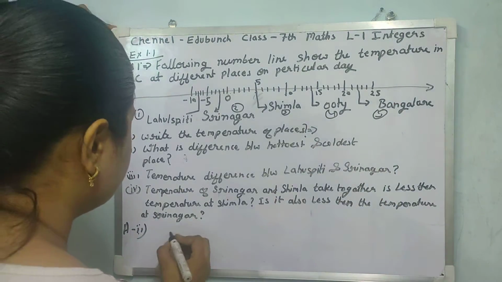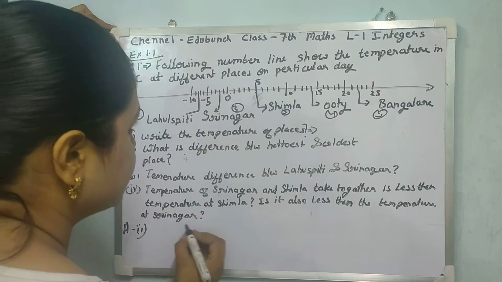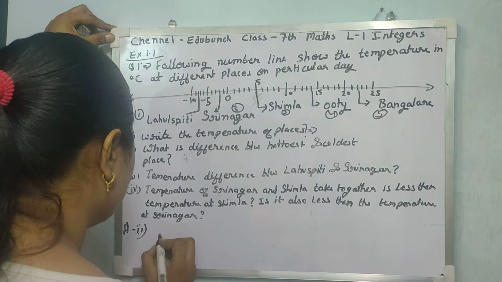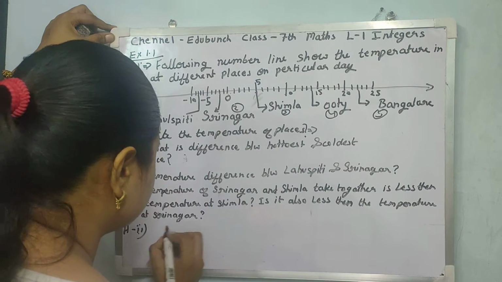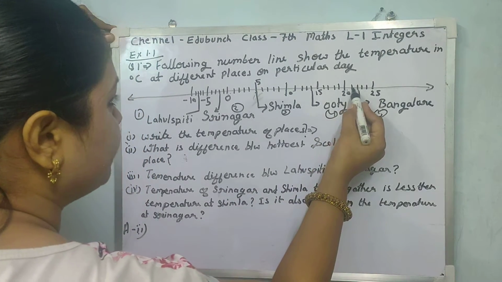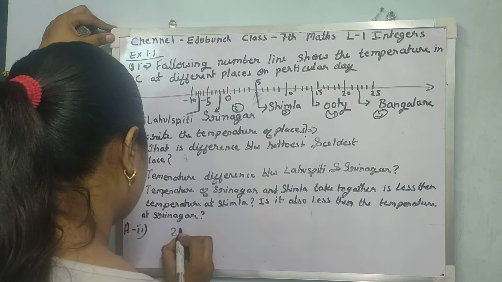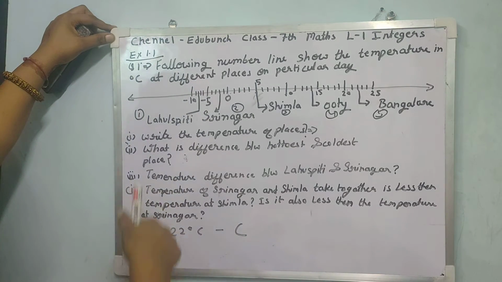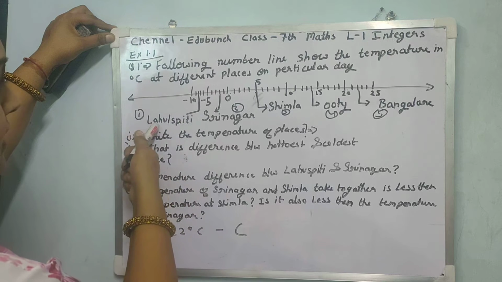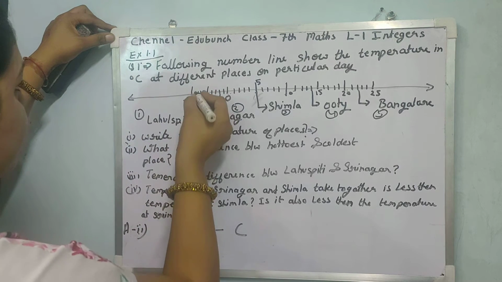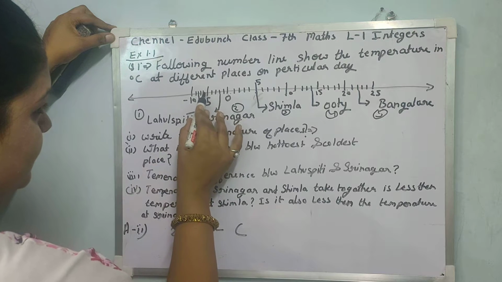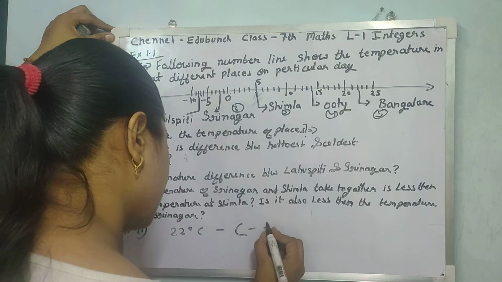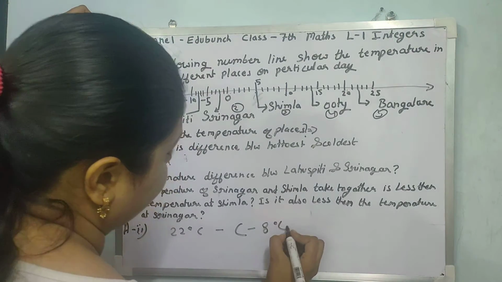Difference means we have to subtract the coldest from the hottest. So the temperature of Bangalore is 22 degrees Celsius, and we subtract the coldest. The coldest is Lahul Spiti. The temperature is -5, -6, -7, -8. So we write -8 degrees Celsius.